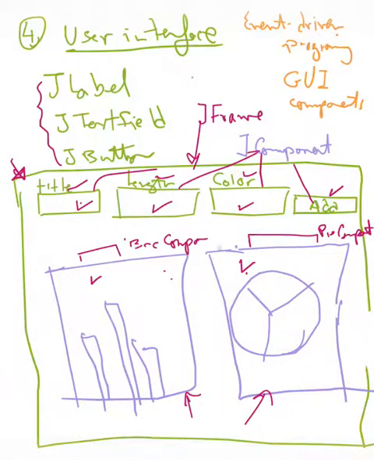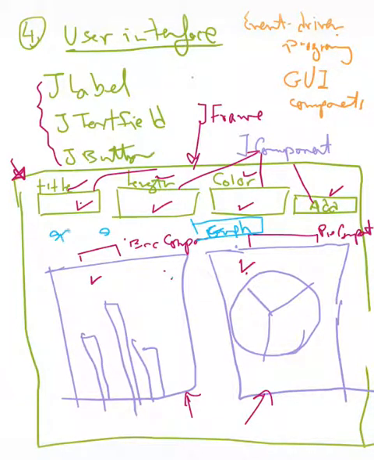On the mention of action, we didn't talk about how or when those two components will be displayed. We said that the user will enter data, click the add button, and that will add this data to the array. You can say, well, I'm going to add these two to the frame, and when the user hits add, both of them will draw at the same time. Or you can say, I'm going to add another button here called graph, or whatever you want to call it, and the user will have to hit this button in order to display these two. You may also say, I don't want to display these two.